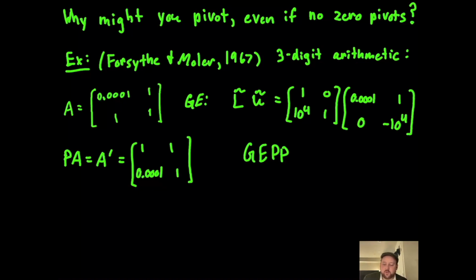So here there was no choice to make, but in general, you will look down the column of the matrix that you care about at that iteration, and then you'll pick the largest absolute value entry and then swap the rows to bring it into the pivot position.